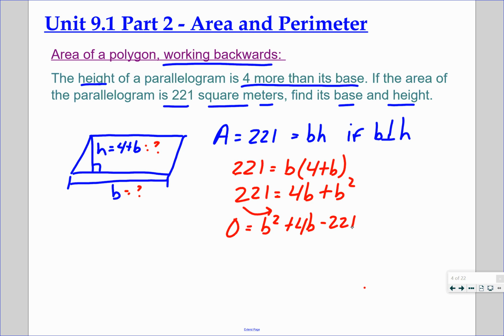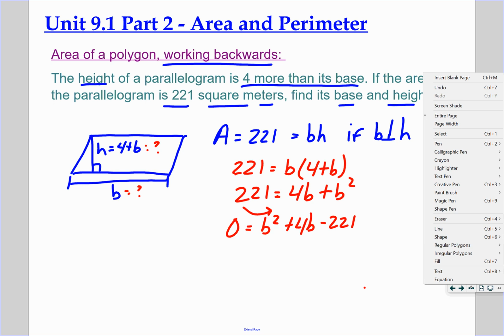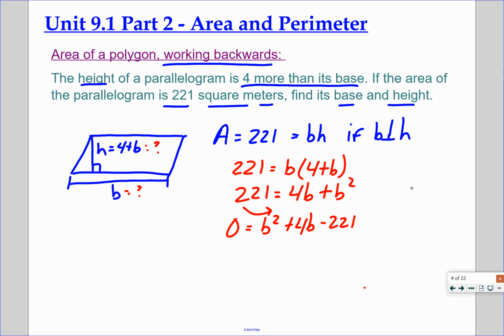What do we do here? We could do quadratic formula, we could factor, we could do all kinds of things. Let's go ahead and factor because this equation is factorable. So if we go ahead and factor, we know b and b are going to go here. This sign is telling us that we're going to have a positive and a negative sign in here.